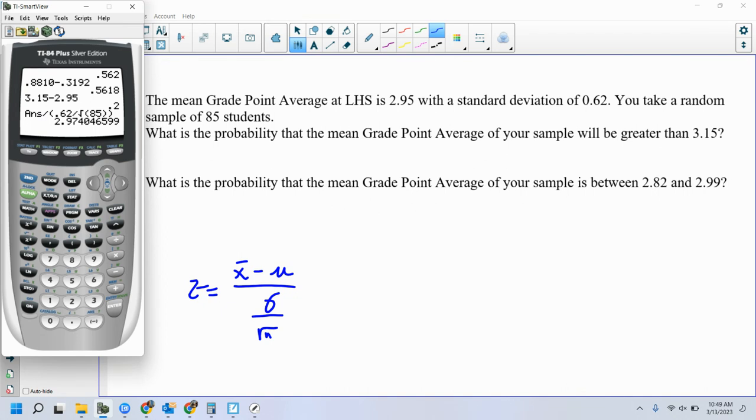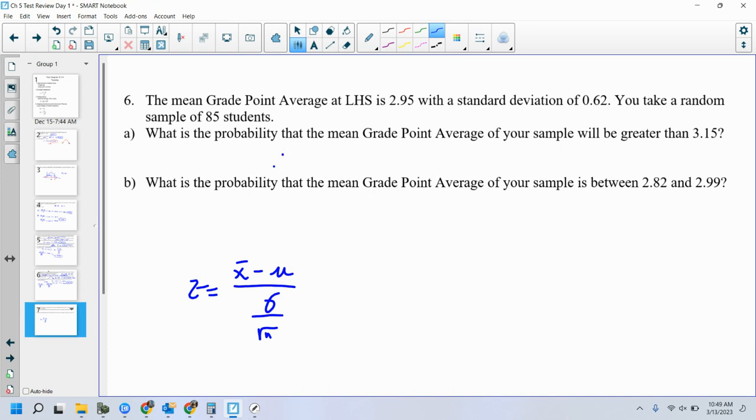That's a z-score. That's a really, really big z-score. It's really high.